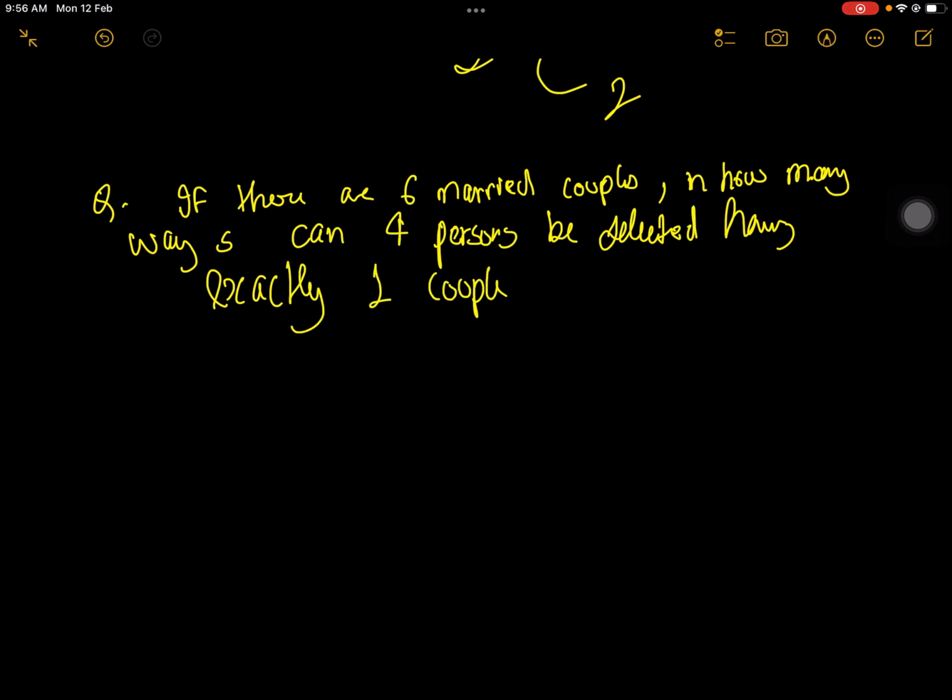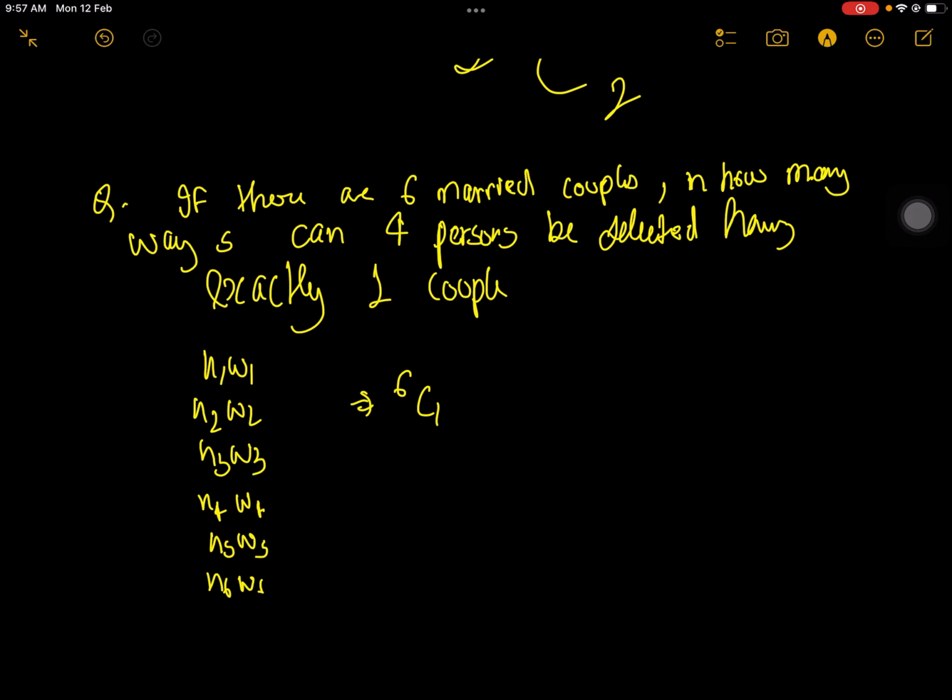So first let's write down all this. You have this as one couple, this as one couple. Now let's select one couple so that it guarantees that selection. So that's six couples, so 6C1.